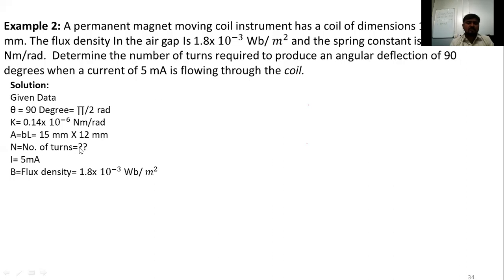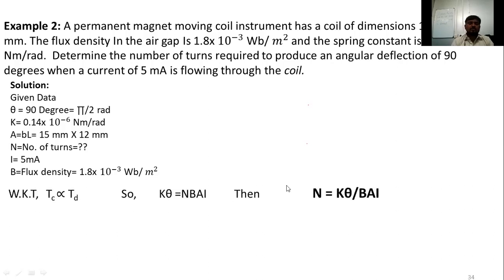Number of turns N is the question mark here, and they have given that a current of 5 milliampere is flowing. In that situation we have to calculate. So I equal to 5 milliampere is 5 into 10 to the power of minus 3, and the flux density is 1.8 into 10 to the power of minus 3 Weber per meter square.